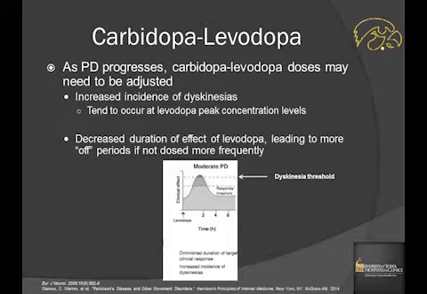But the thought is that if we increase the dose, we can extend the period of time that the levodopa maintains in that therapeutic range. However, that's usually not the case. Generally, the answer that we would lean more towards in these cases is that we actually increase the dosing frequency and keep the dose the same. Because if we just keep increasing the dose, what we end up seeing is this peak level of levodopa go above this dyskinesia threshold, and then that's when we see these patients having these dyskinesia problems.